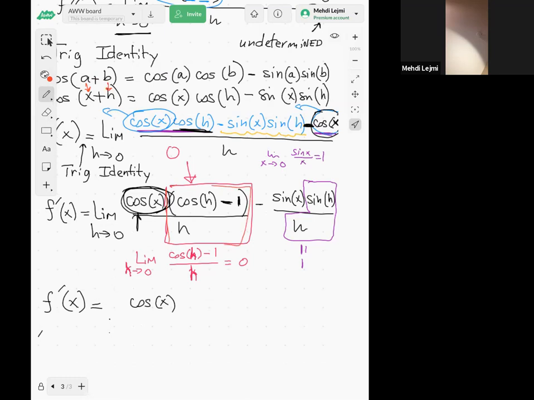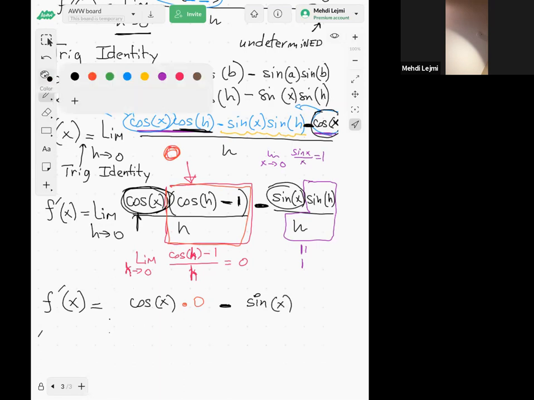This red box, we said it's 0, because of our limit: cosine of h minus 1 over h going to 0 is actually 0. So it's times 0. And then there's minus sine of x, and then there is sine of h over h.